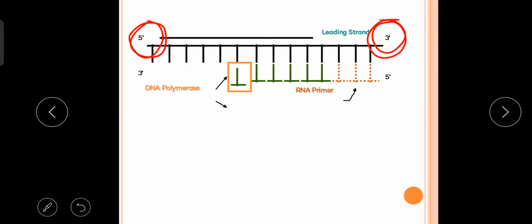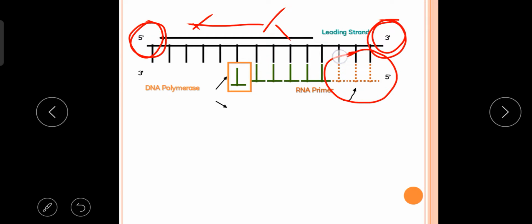Now here, this is the RNA primer which is formed at the 5 prime end of the new DNA strand. This one is already present, called the template DNA strand, and its direction is 3 prime to 5 prime. From this template strand one new DNA strand will be synthesized.